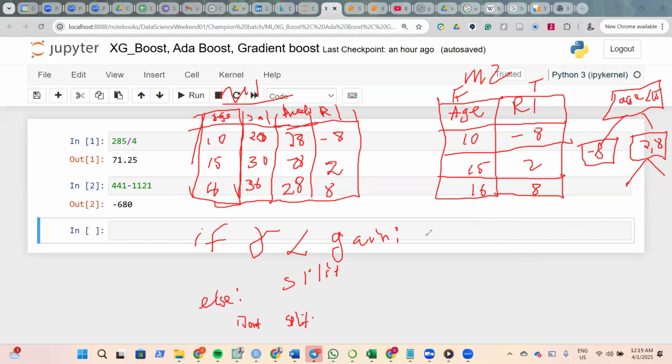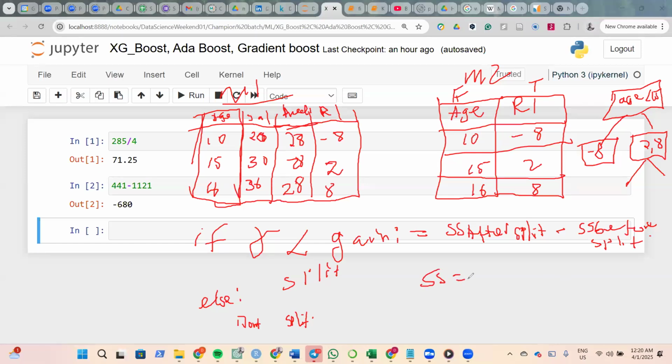Gain is equal to the similarity score after split, minus the similarity score before split. And what is similarity score?